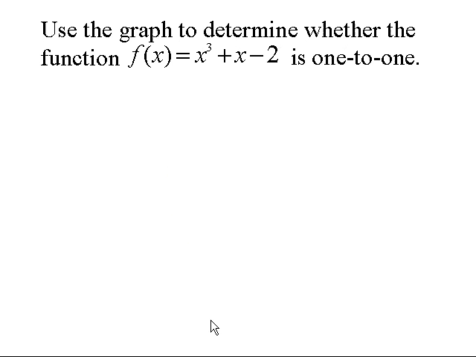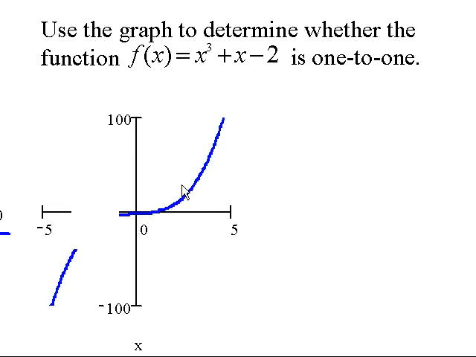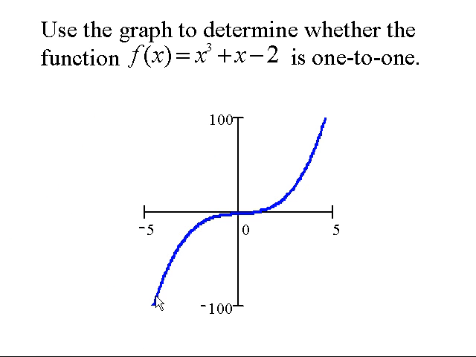Let's look at another example. How about x cubed plus x minus 2? This one is a cubic, and the graph of the cubic is a swoopy thing that starts at minus infinity, goes through 0 and up to plus infinity. This time, no matter how you try to draw in a horizontal line, you'll find that it crosses the graph at one point.